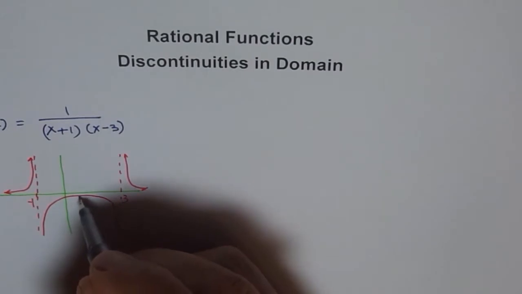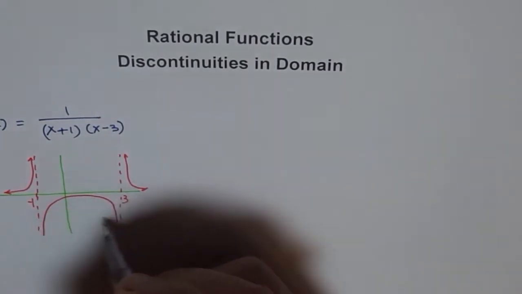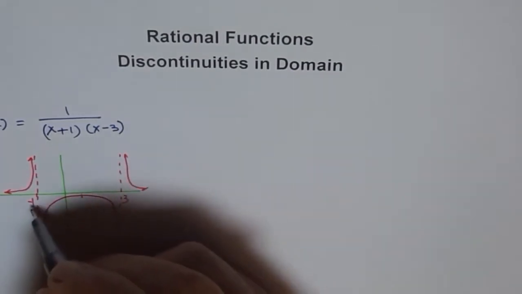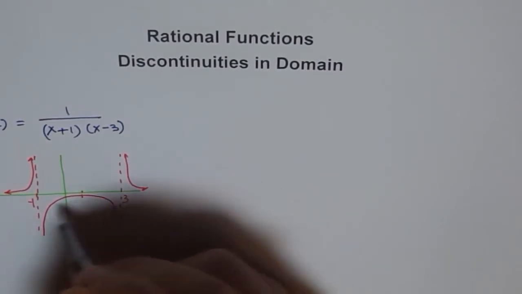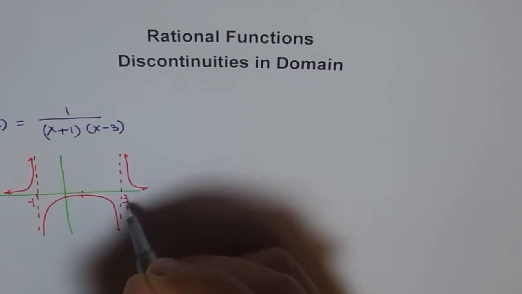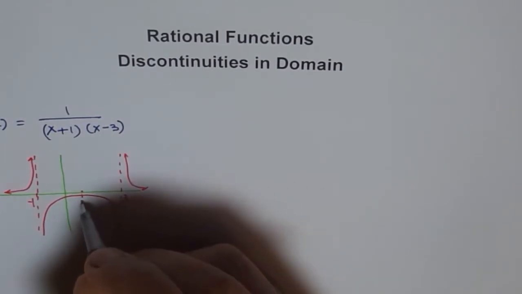Where the local maximum will be right in the center of minus 1 and 3, which is minus 1 plus 3 equals 2, divided by 2 is 1. So this point will be 1, the x value.